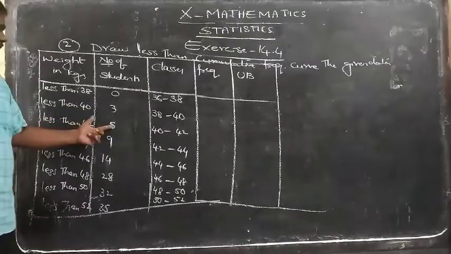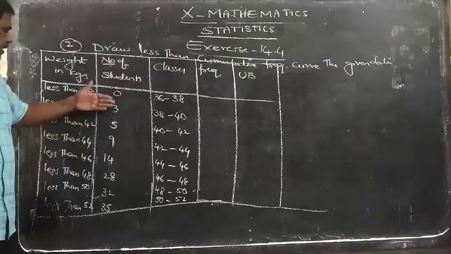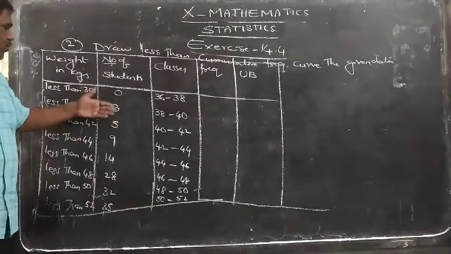less than 42 there are 5 students. Less than 42, 5, means in this 5, this 3 is also included.